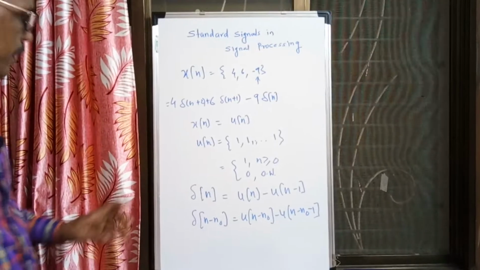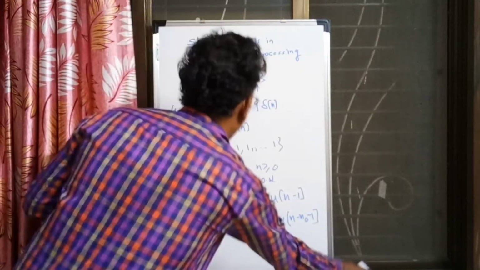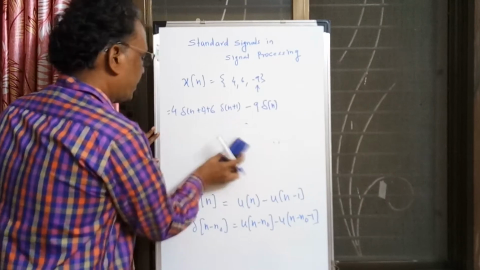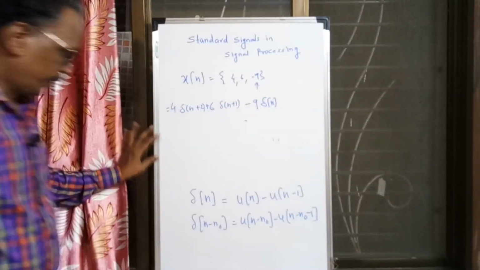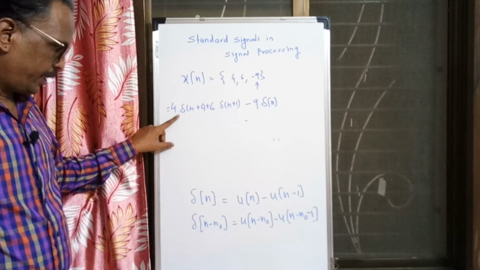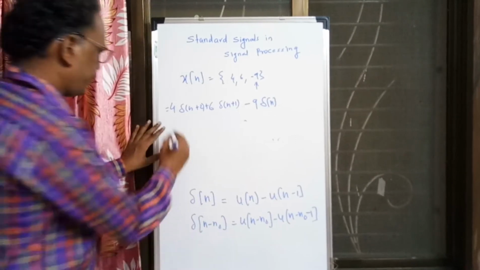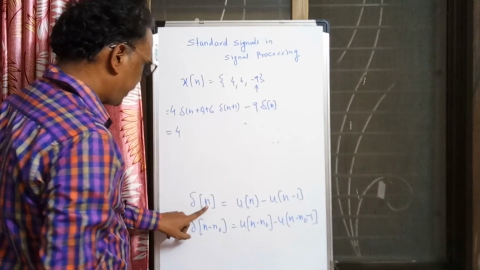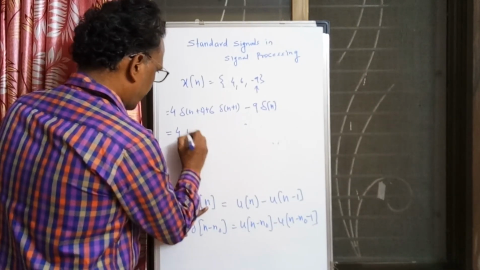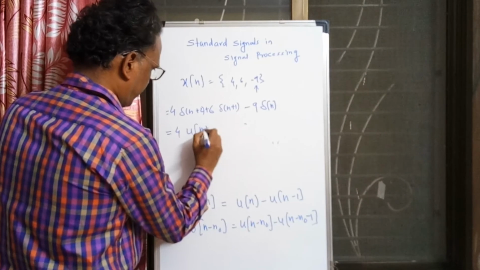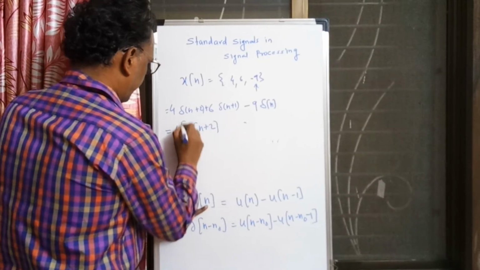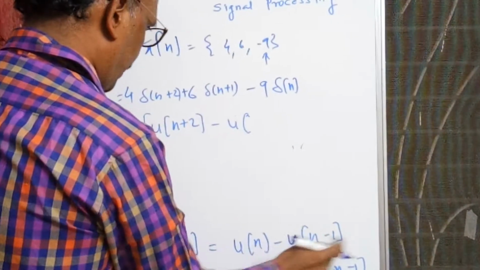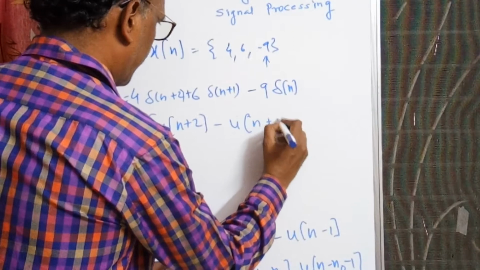So let us try to write the same equation in terms of unit step sequence. Since we have the definition of delta function in terms of unit step function, I can replace here 4 del of n plus 2. If I replace n by n plus 2, what do we get? u of n plus 2 minus u of n plus 2 minus 1, which means u of n plus 1.